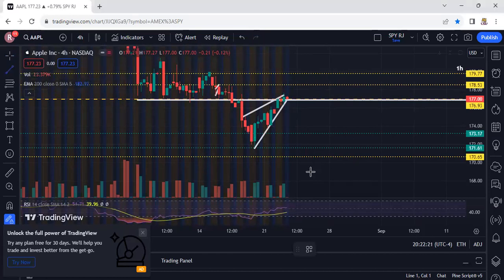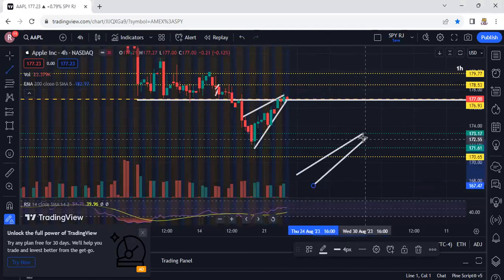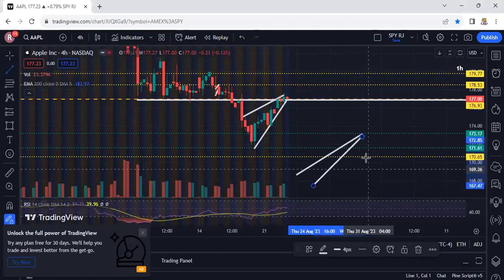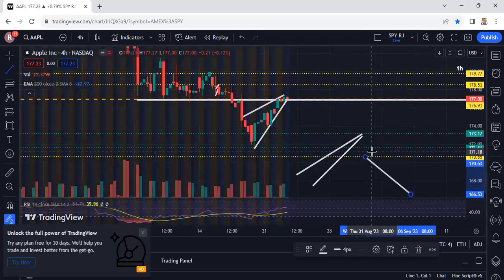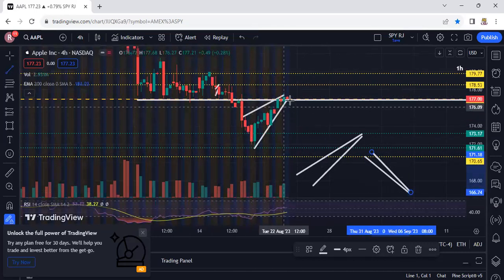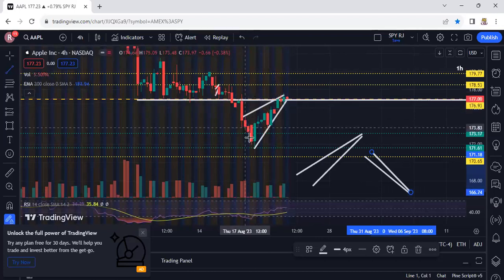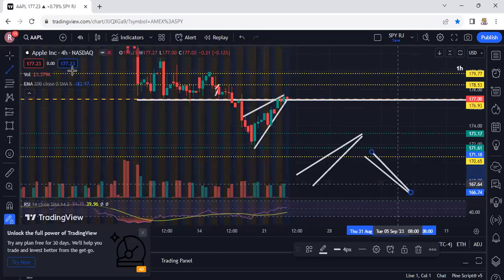In a wedge, your trend lines are going to be going in that same kind of direction, right? Whether it's a falling wedge or a rising wedge, your trend lines are going to be going in the same kind of direction, and they're going to be squeezing as the pattern progresses. As you see here, wide, then it gets smaller. Wide gets smaller. Wide gets smaller. That would be wedge, right?